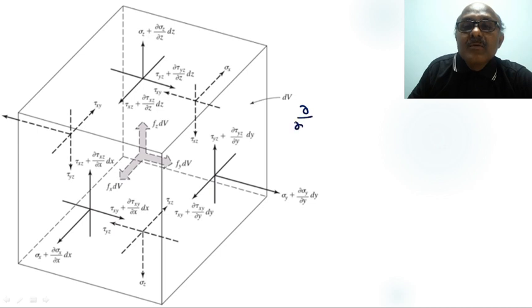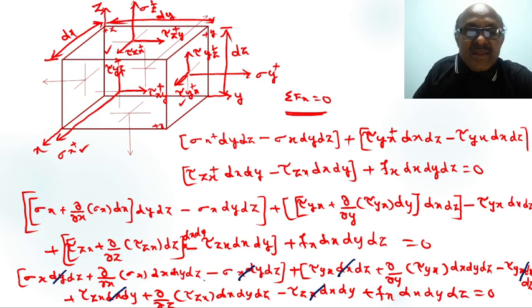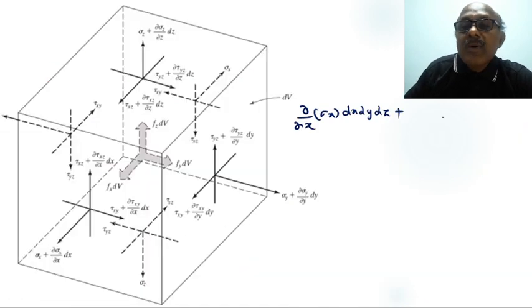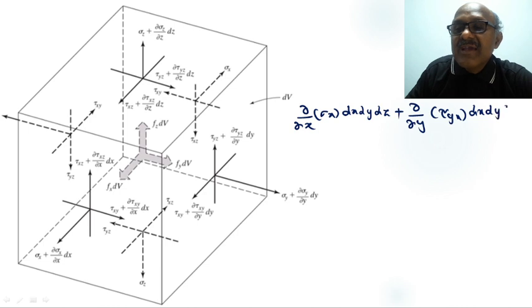Dou by dou x of sigma x dx dy dz plus, what is the remaining next term here? The next term is dou by dou y of tau yx dx dy dz plus, what is the next term here?